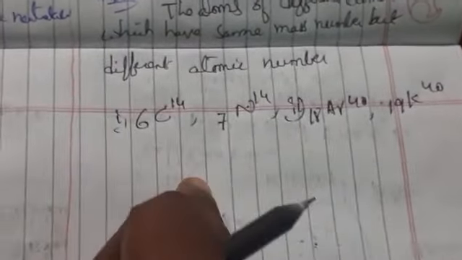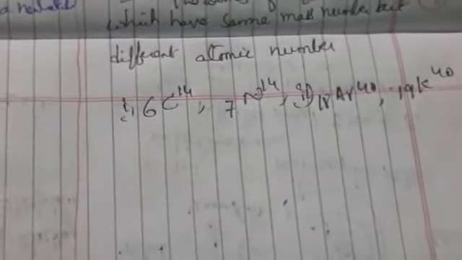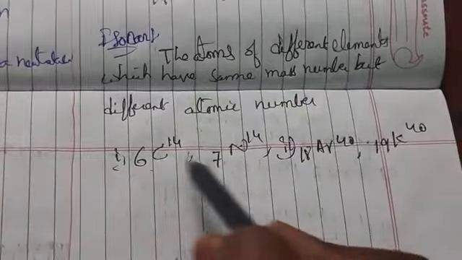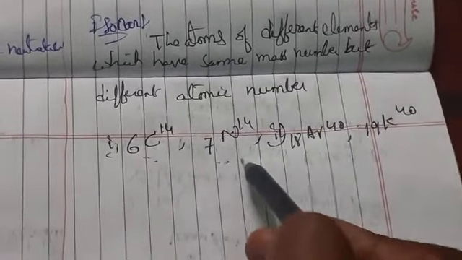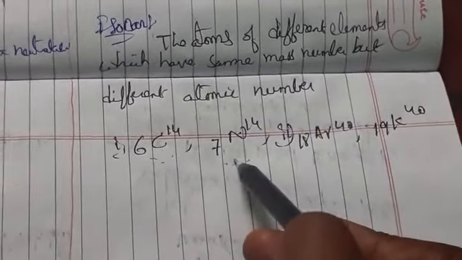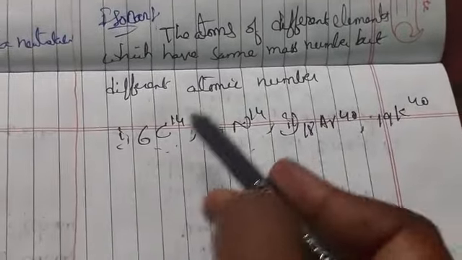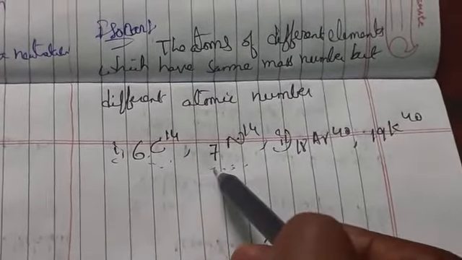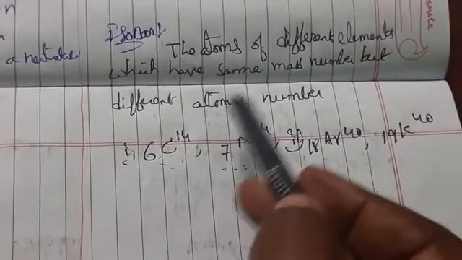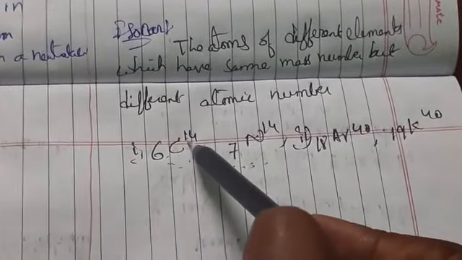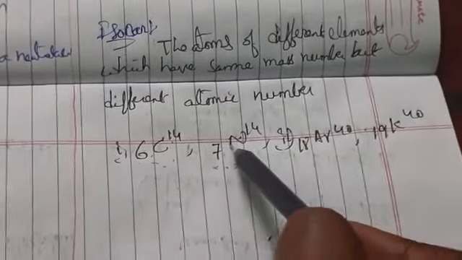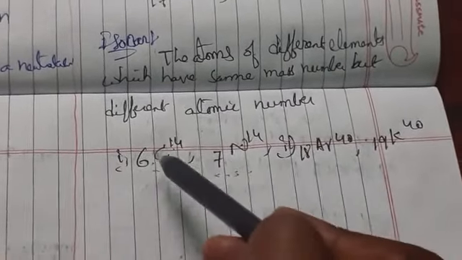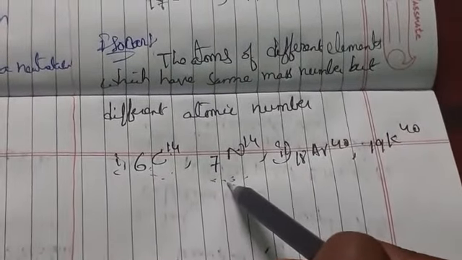Okay. If you have seen carbon and nitrogen, as I told in the definition, we are taking different elements. Two different elements, one is carbon and another is nitrogen. If you have observed, the atomic numbers are different, but the mass numbers are the same.